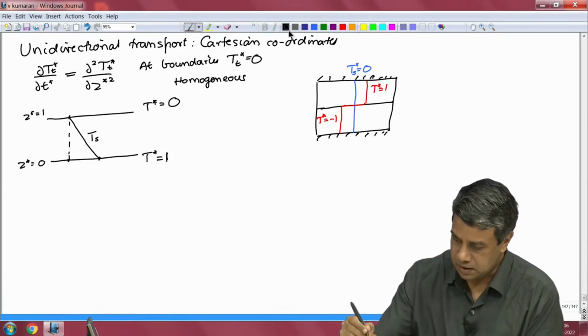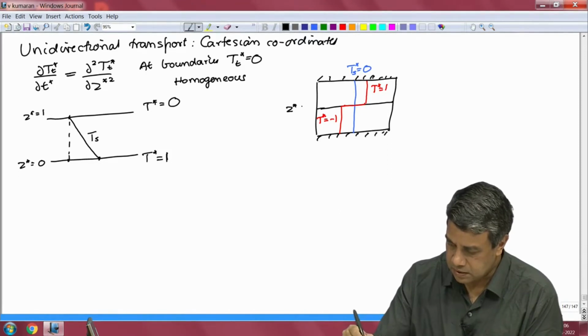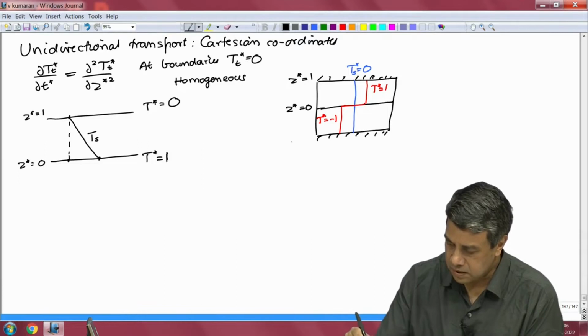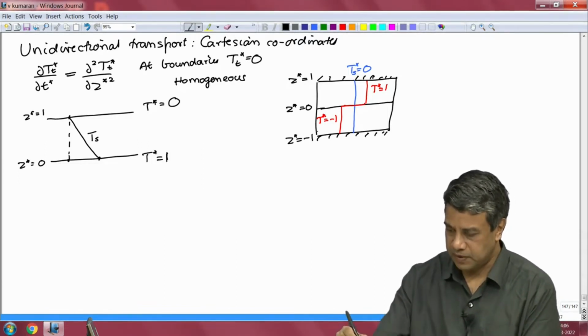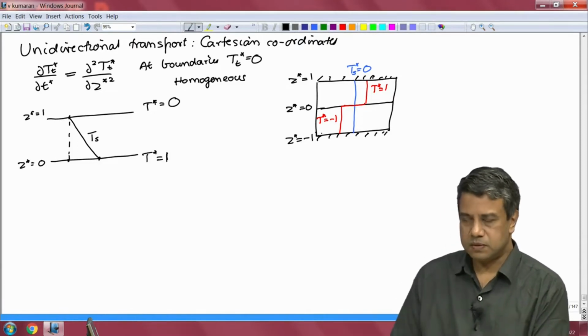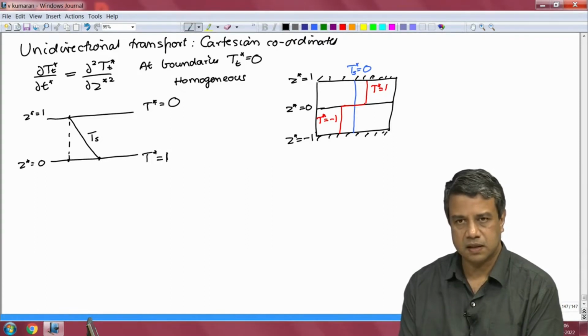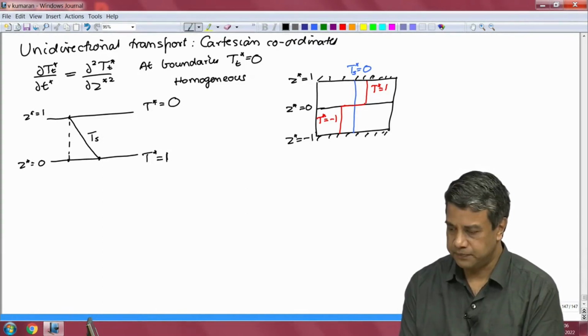Here the z coordinate was z star equal to 0, z star equals 1, and z star equals minus 1 at the bottom. So, those were the temperature profiles initially and in the final steady state.